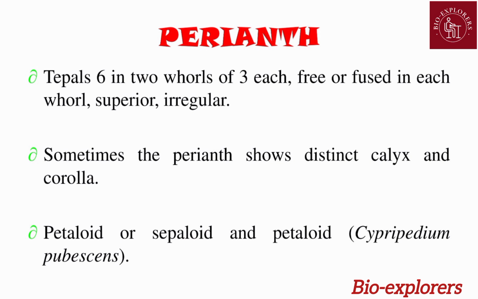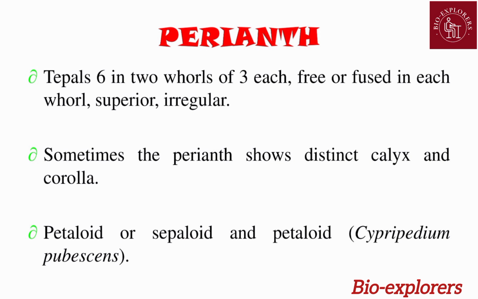They are superior and irregular in nature. Sometimes the perianth shows distinct calyx and corolla, which means the outer whorl is sometimes green. That's why we can differentiate the tepals into calyx and corolla based on the color of the tepals. So the perianth is either petaloid or sepaloid and petaloid.